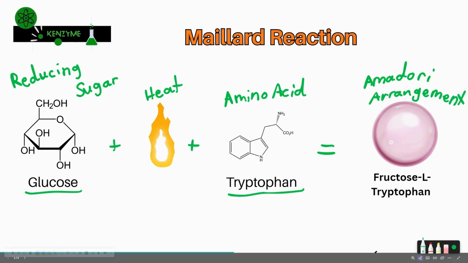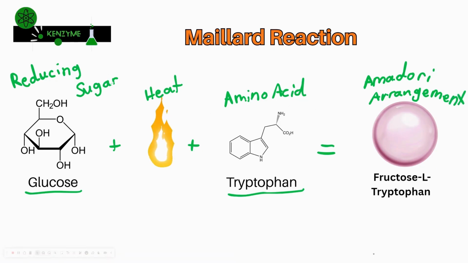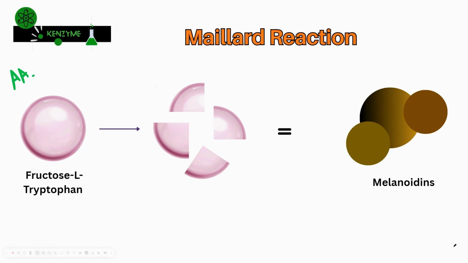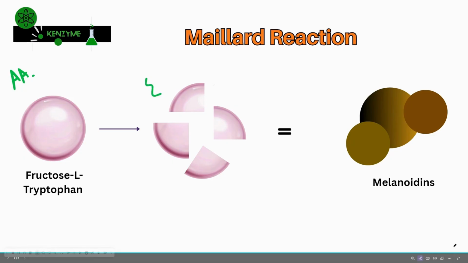This is just a conglomerate of these two reducing sugars and amino acids combining with each other to create this. So here is your Amadori arrangement. I'm going to put AA for that, your fructose L-tryptophan. And then what's going to happen in the Maillard reaction is it's going to break apart.